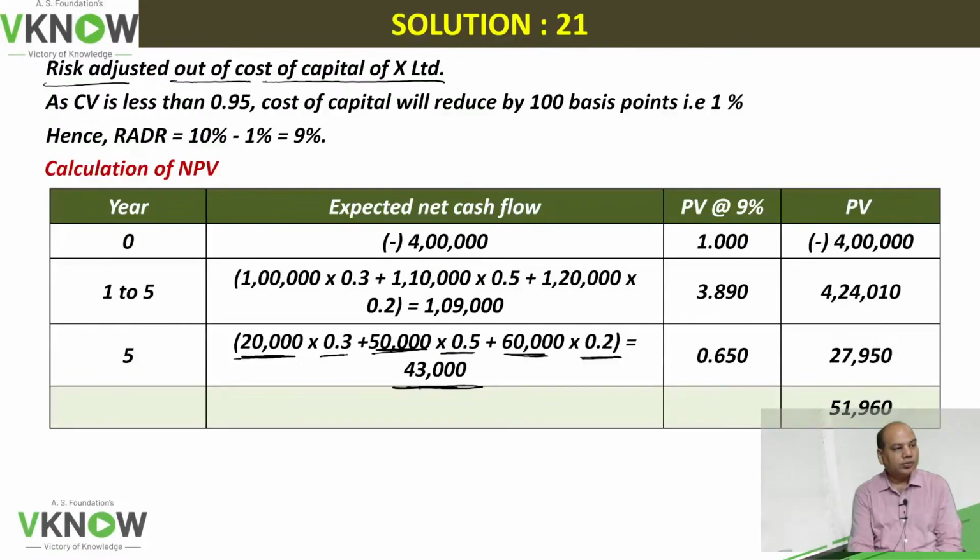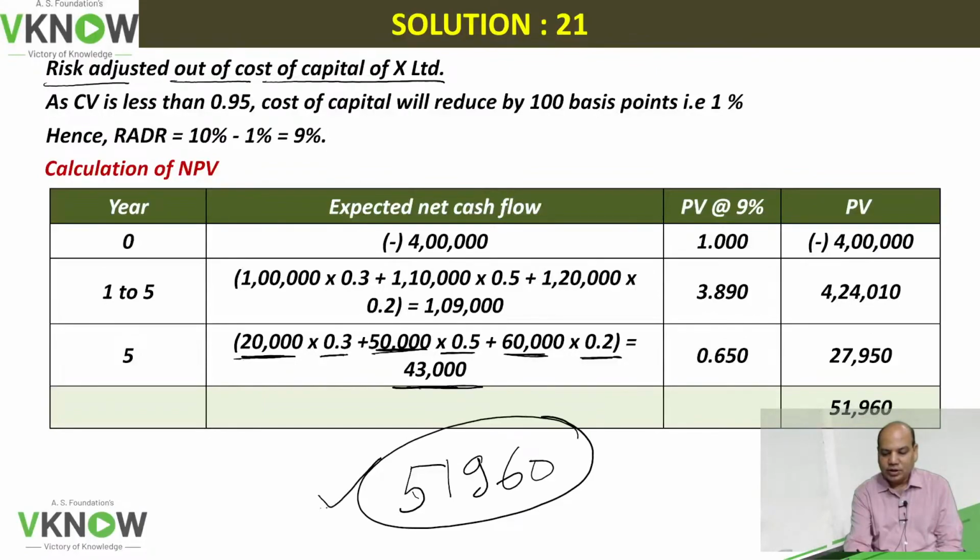Take the total. The total comes to 51,960. Check the total and confirm whether your expected NPV is 51,960.